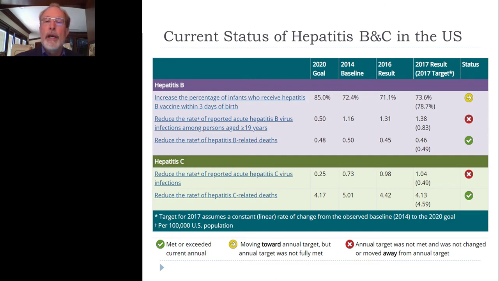You can see with a little red X mark on the right side that we have increasing acute hepatitis B infections, as we're seeing with hepatitis C infections. This is because of the opioid epidemic and problems with implementing effective harm reduction. We are decreasing the rate of hepatitis C-related deaths and hepatitis B-related deaths because we have more active testing and more linkage to care.